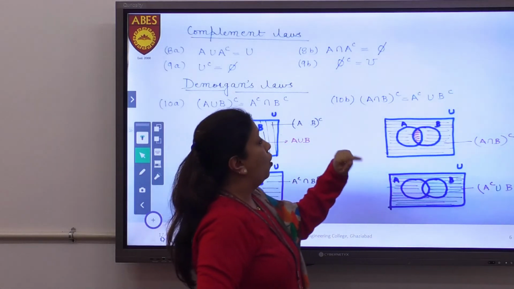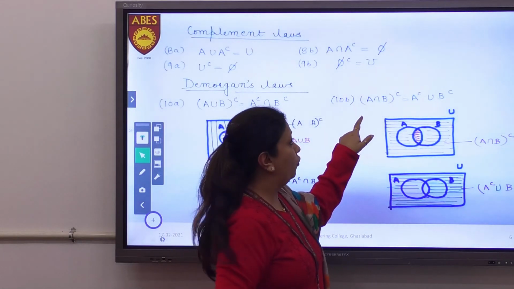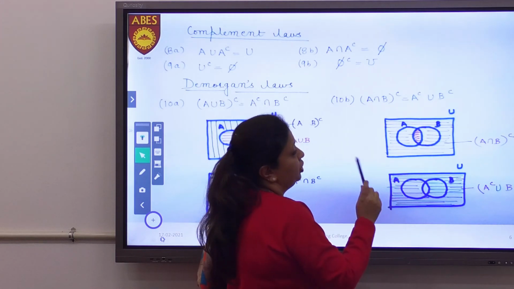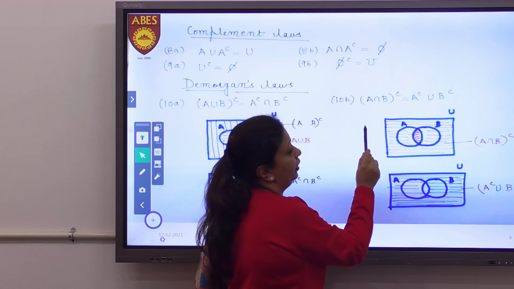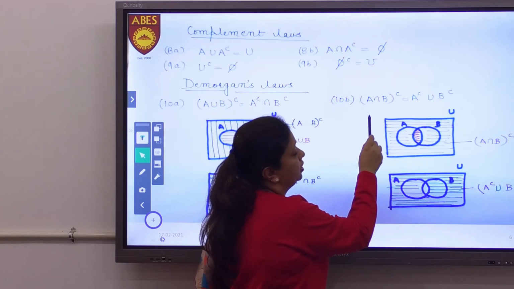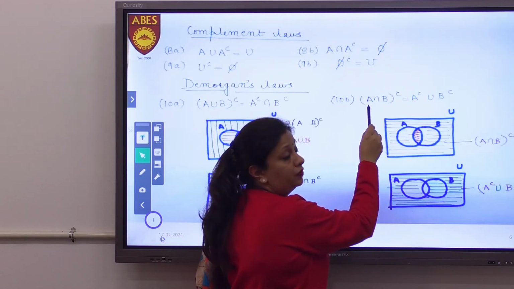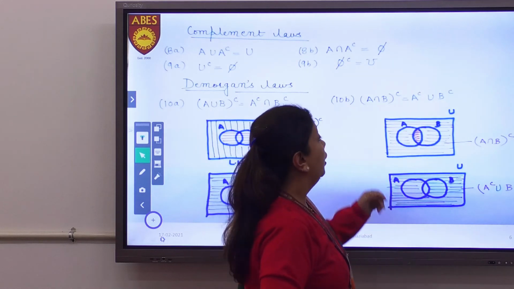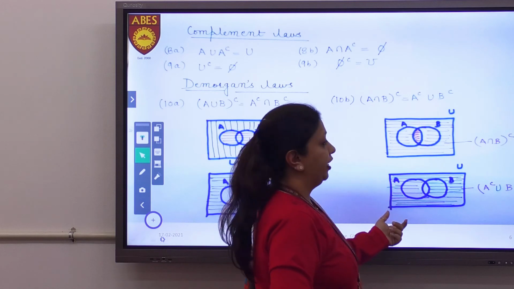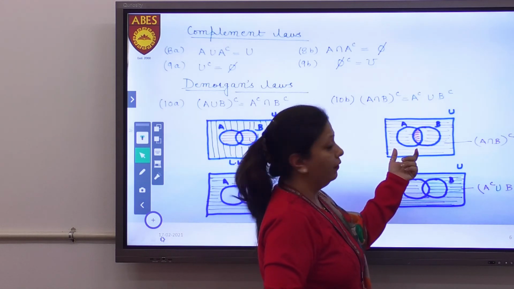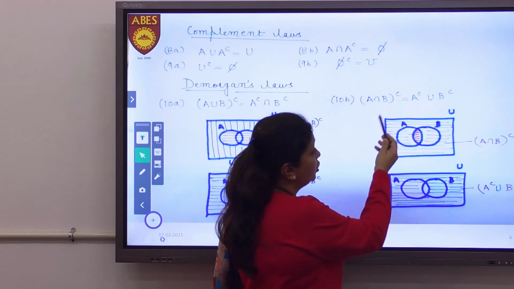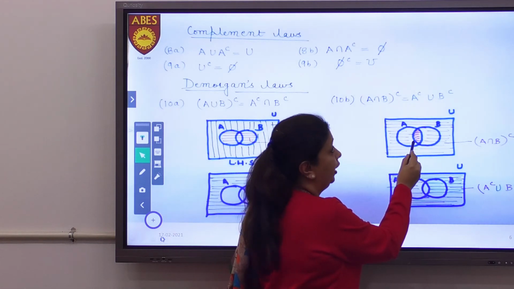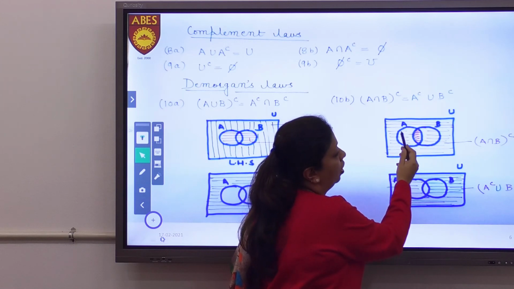Now on the right hand side we have shown De Morgan's law for the intersection operation. When I apply the complement to A intersection B and open these braces, A complement, the sign will reverse, that is it becomes union B complement. Again, to show that the left hand side and right hand side are the same, we have used Venn diagrams. First of all, we take A intersection B. This is the area depicted in red. Its complement will give me everything outside this area.